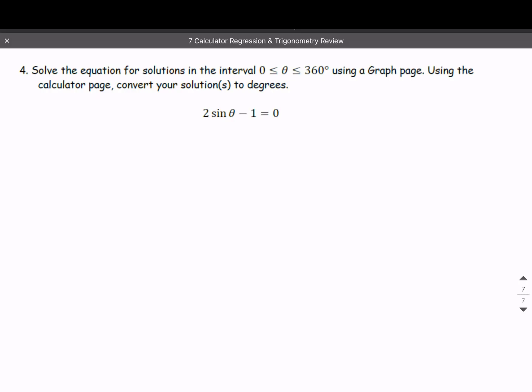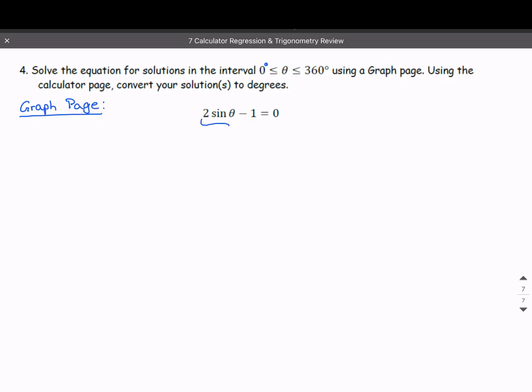Now, we want to solve the equation for solutions in the interval 0 degrees ≤ theta ≤ 360 degrees, using a graph page. Using the calculator page, we're going to convert our solutions to degrees. Now, remember when I told you at the beginning that the way we solve this equation works for any equation anybody can give you.